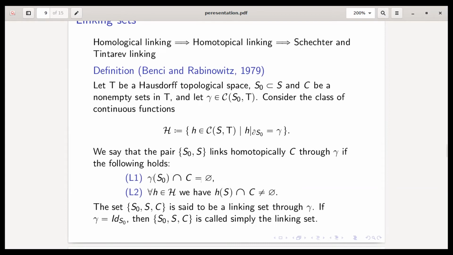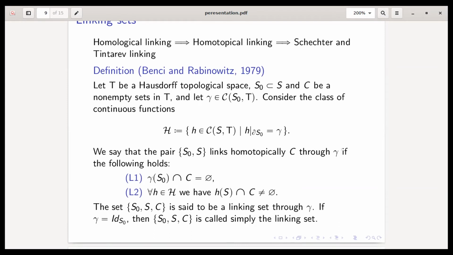Roughly speaking, it means that the sets S and C cannot be slipped away from each other by the function gamma. They cannot be pulled apart.